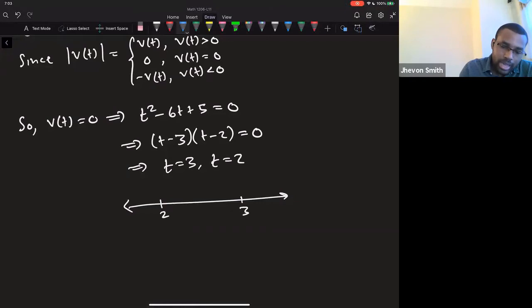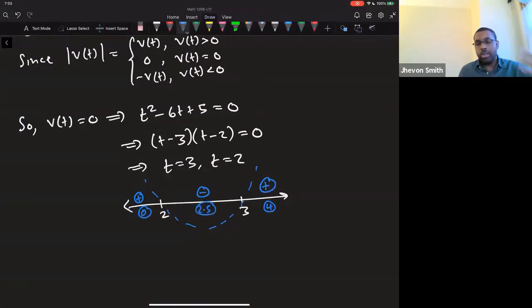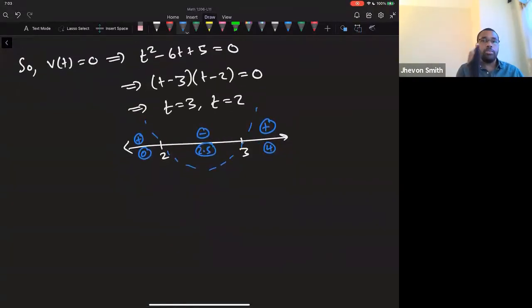You know you're going to be positive over here. If you plug in a test value, you could plug in 4. You know you're going to be negative in the middle. You can plug in a test value like 2.5. And then you're positive on the left side, plug in 0.